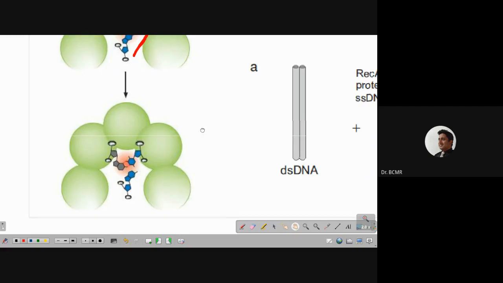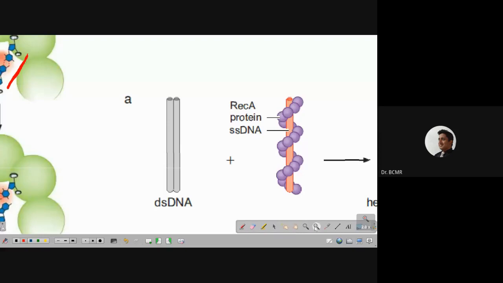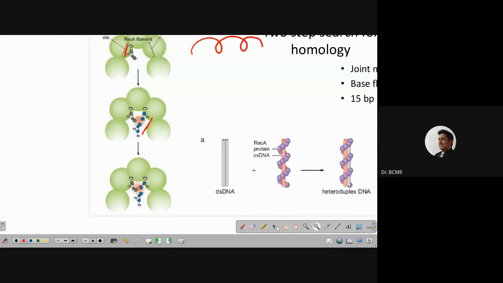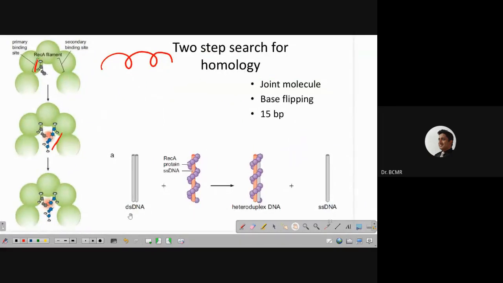So eventually, what is happening is this: the DNA molecule is a double-strand DNA, and here is a RecA filament on a single-stranded DNA. And eventually you will have a heteroduplex, because there is an exchange of DNA. They are homologous in the sense that they don't have to be identical, but there should be a large number of sequence similarities.